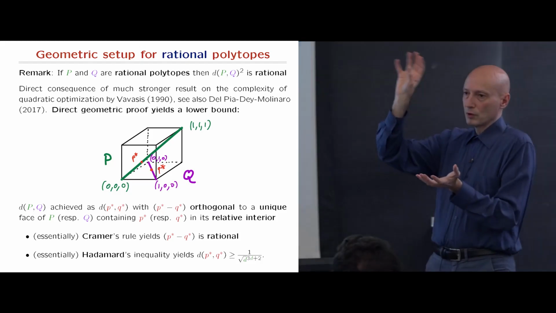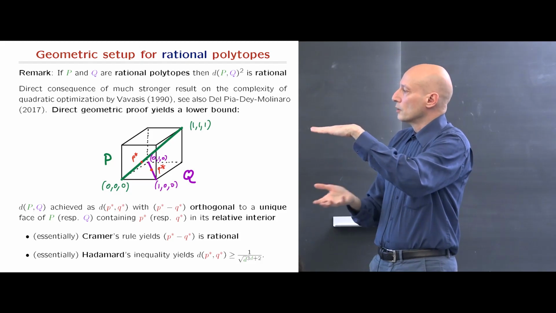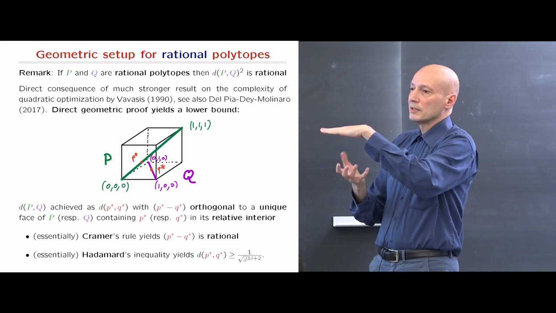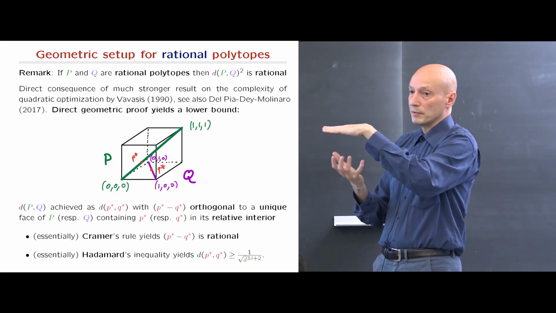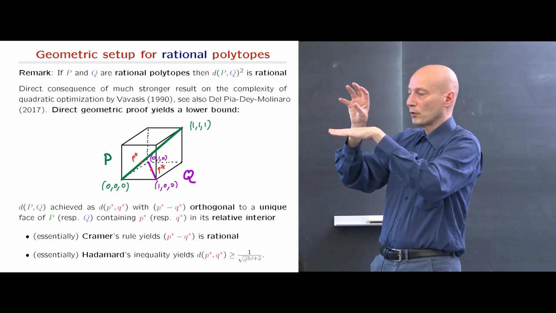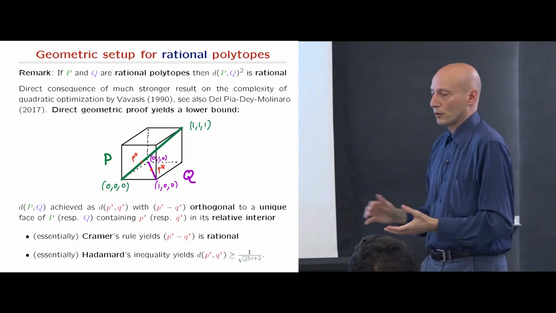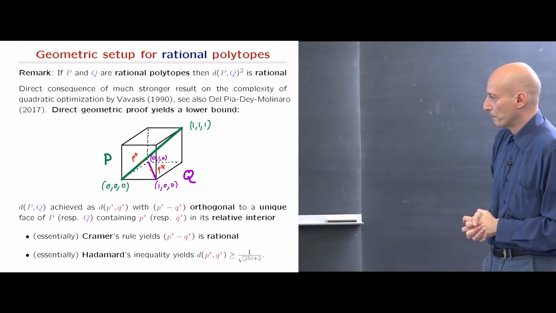You have a score, you divide, you apply Cramer's rule, you have a discriminant. You want to use Hadamard's inequality to show that this is at most that big. You use integrality to say something is bigger than 1 on top, and you get this score. Again, I don't want to go into detail, but it's technical, not difficult, once you see it.